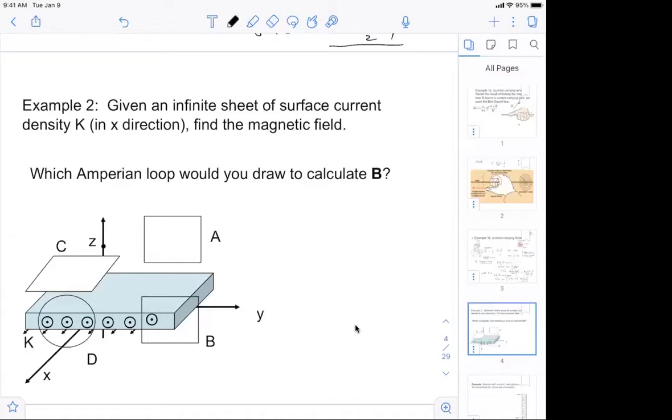If we draw D, that indicates our B field wraps around in the phi hat direction. If we draw B, that indicates our B field is parallel to the top and bottom leg of the loop. So which one do you think it is?